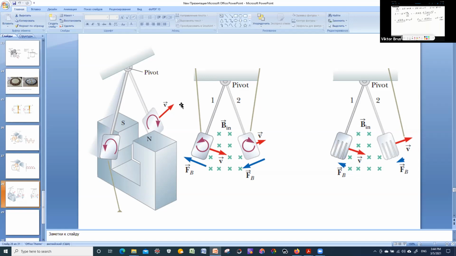So what happens? We know that in a closed conductive loop we can induce some electromotive force and induce some current. So here happens a very similar picture.